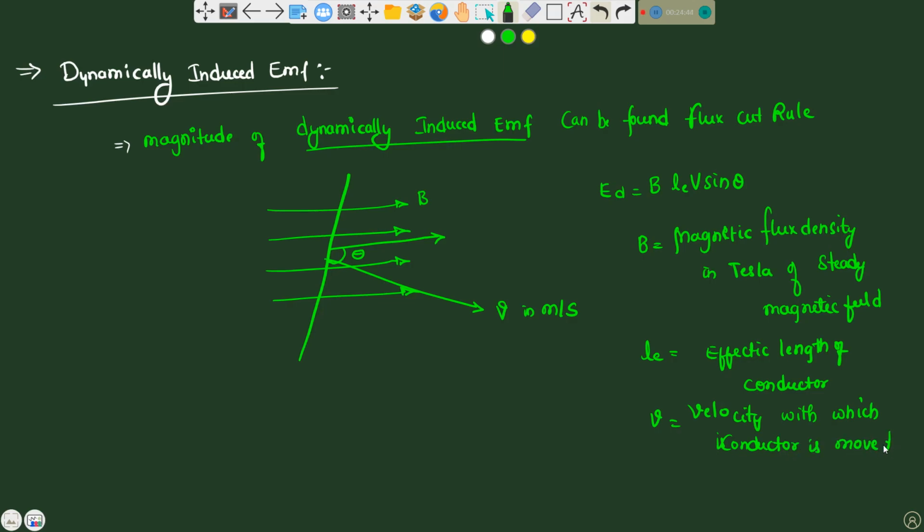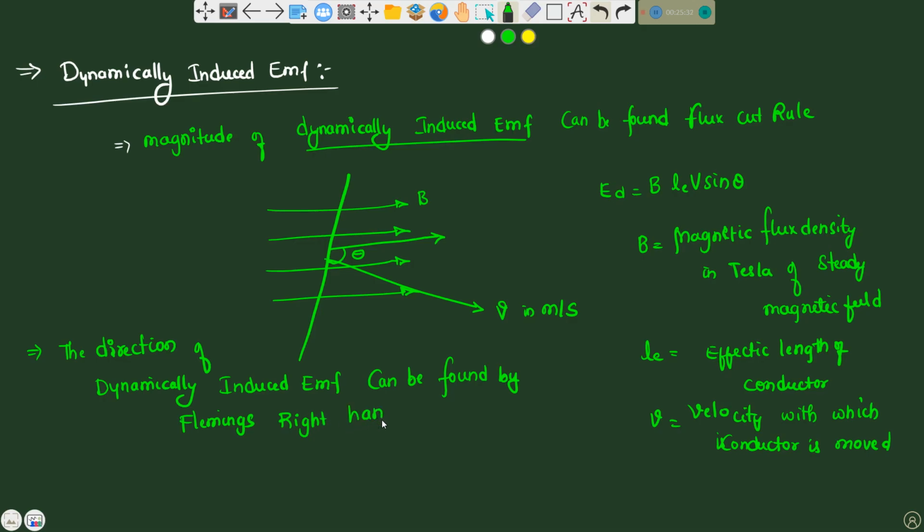Next we have the direction of the dynamically induced EMF, which can be found by Fleming's right hand rule.